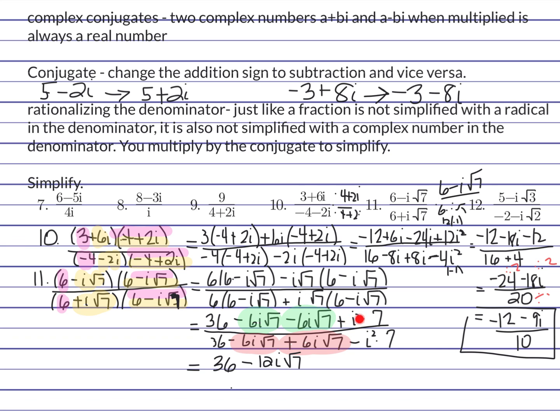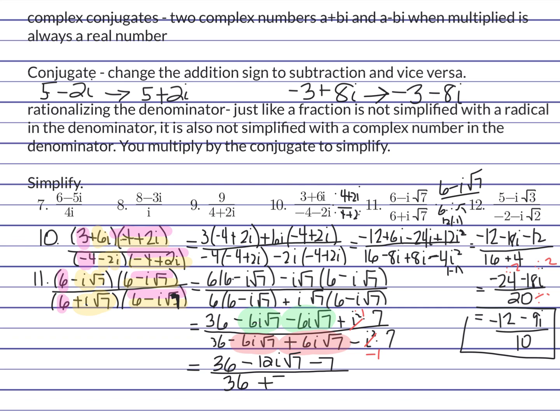And then when I do this here, I'm just going to write this as negative 7 because i squared is negative 1. So don't forget, this is negative 1, this is negative 1. So that's going to be negative 7. In my denominator, I'm going to have 36 and then minus negative 7.